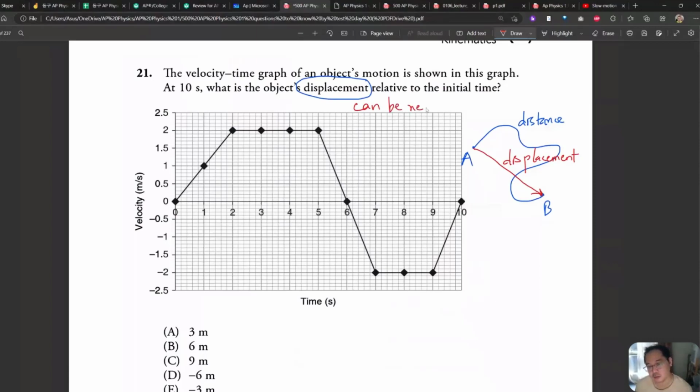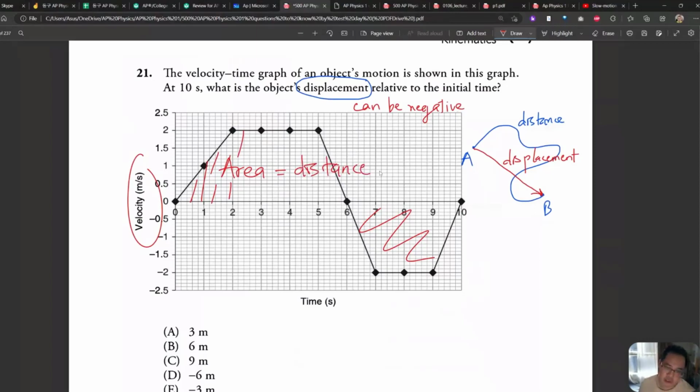To do this kind of problem, a problem relating to a velocity time graph, with two parts of the graph above the horizontal axis and below the horizontal axis, the area of each shape under the graph is the distance the object moves. The area above is a positive displacement, and the area below is a negative displacement.